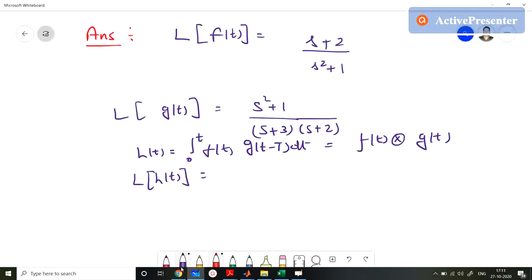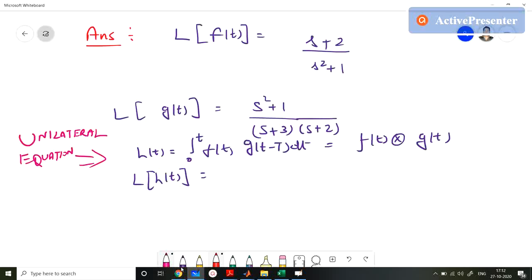So the unilateral Laplace transform is considered in this question.